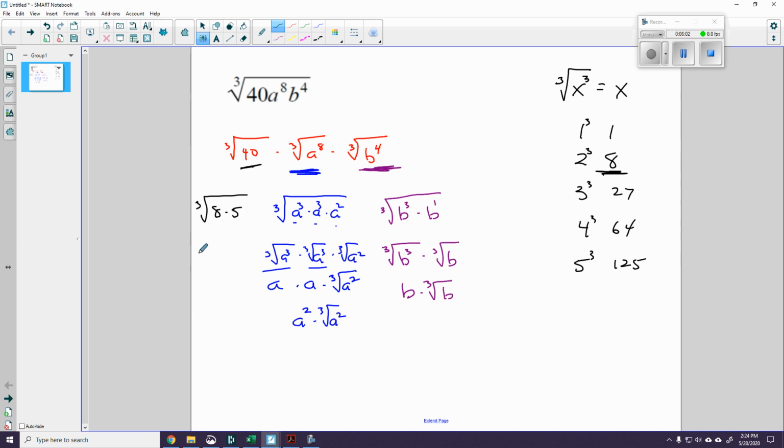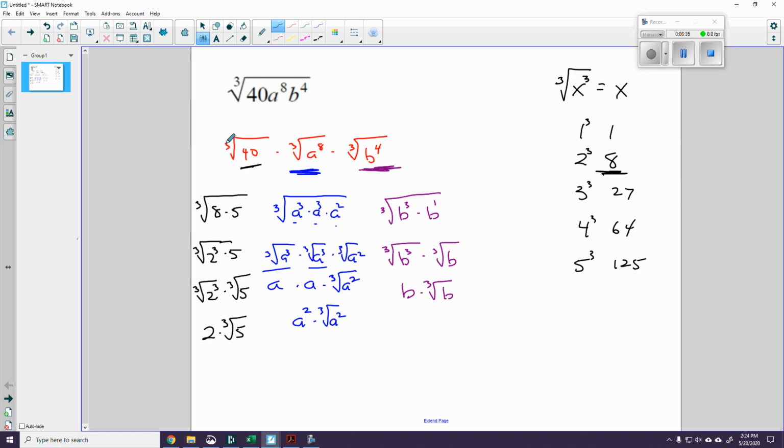And we know that 8 is the same thing as 2 cubed times 5. I can divide this up using the product property: the cube root of 2 cubed times the cube root of 5, and that gives me 2 times the cube root of 5.